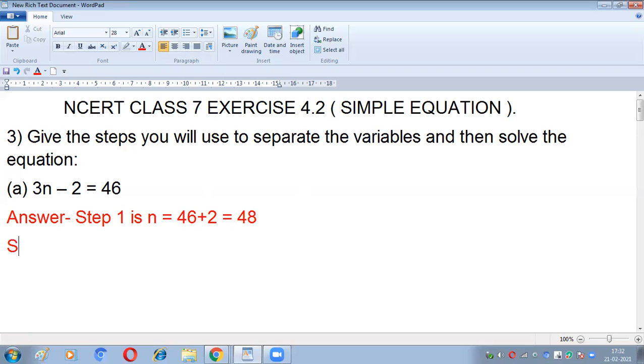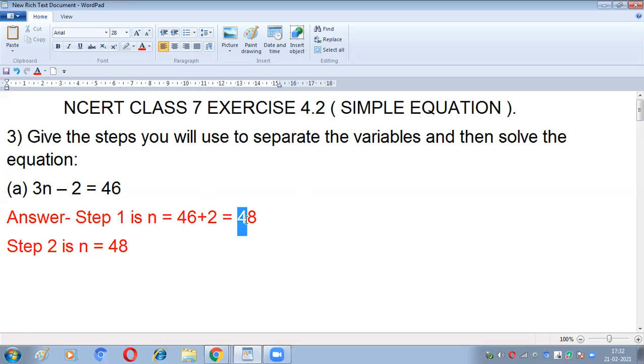Okay, so our next step will be step 2. So step 2 is here is 3n, then 3n will also move to the right hand side. So n is equal to 48.